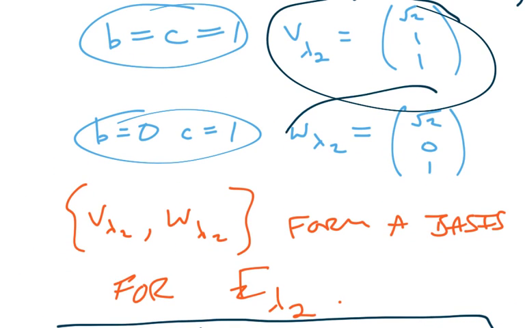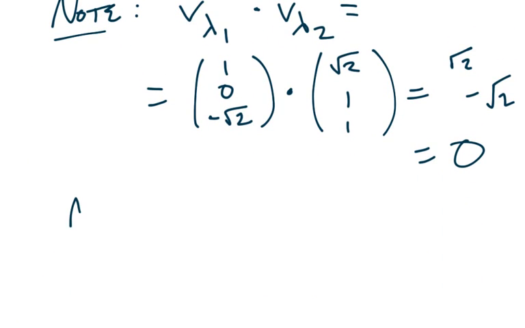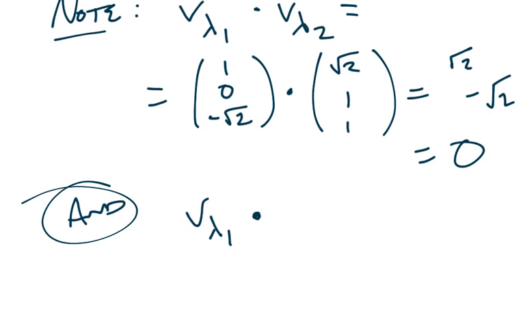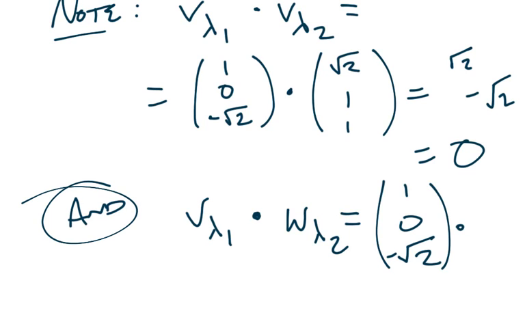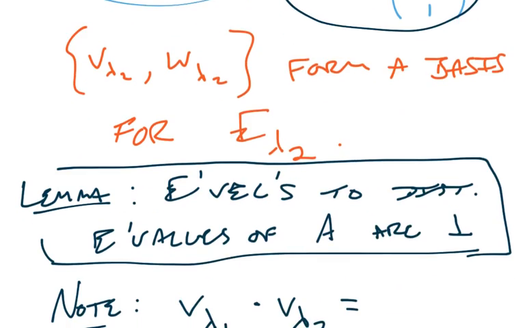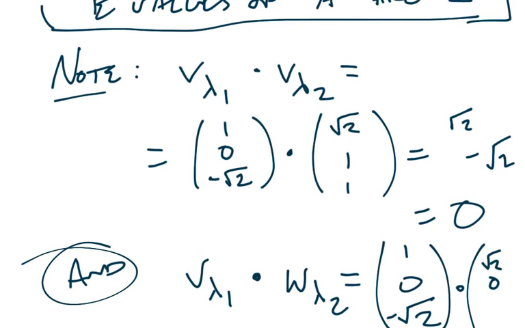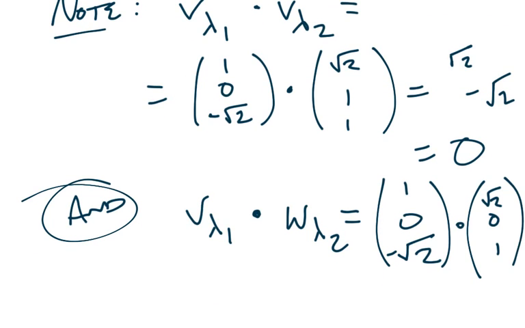Let's check the other one. We also have w lambda 2, this other eigenvector. Let's check v lambda 1 dotted with w lambda 2. Well, v lambda 1 is right there, dotted with w lambda 2, that was the second eigenvector, root 2, 0, 1.